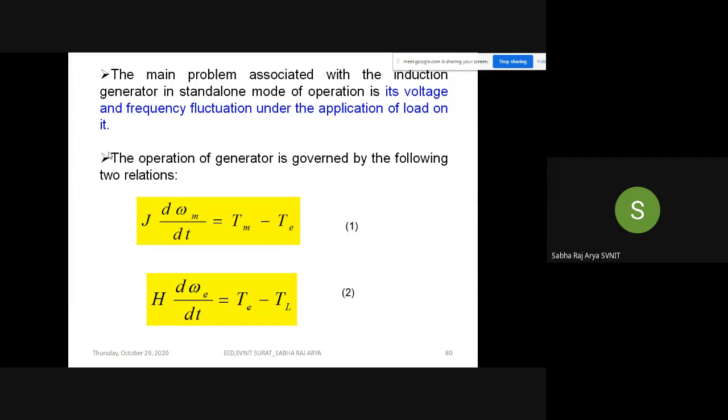But in the case of a hydro farm, a small hydro generation, or maybe you can say a small hydro power plant, in those cases we are going to assume that our input is constant. We are going to maintain the water flow somewhat constant by some arrangement in the hydro power plant. In that case, we can use a capacitor.